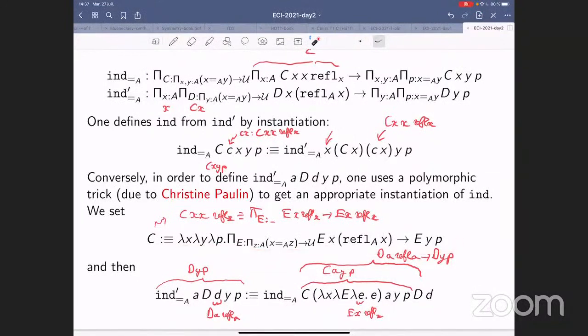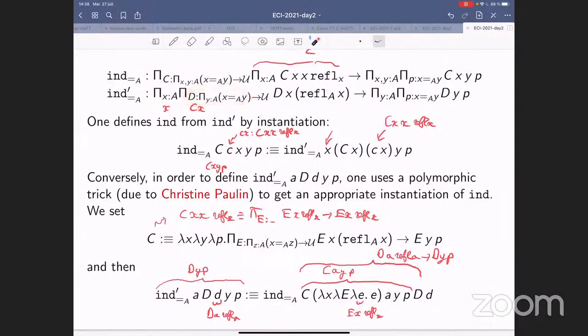And this type is polymorphic in the sense that it takes a type family, which is this E. And this E has the same type as our D, by the way. The D that we have in J prime has this type.